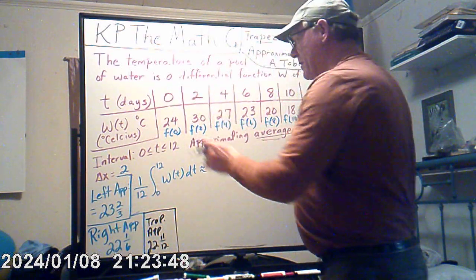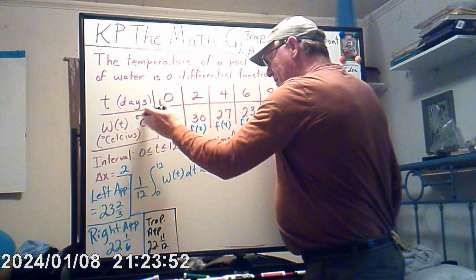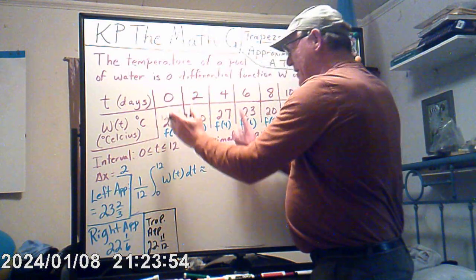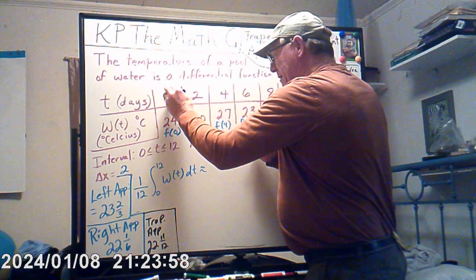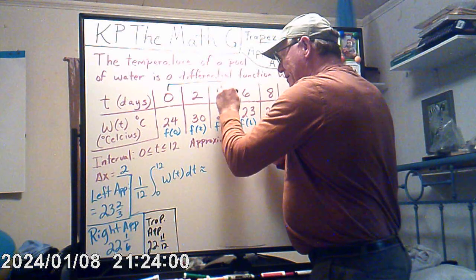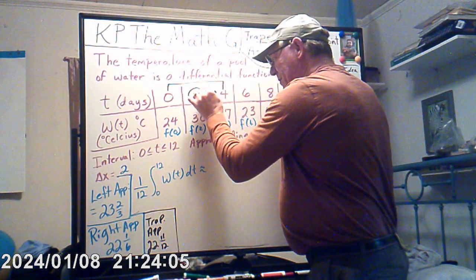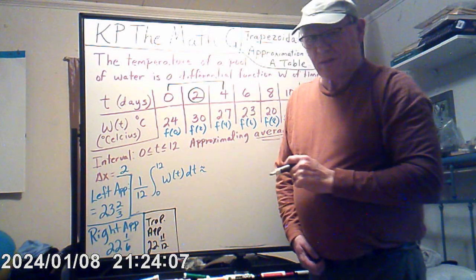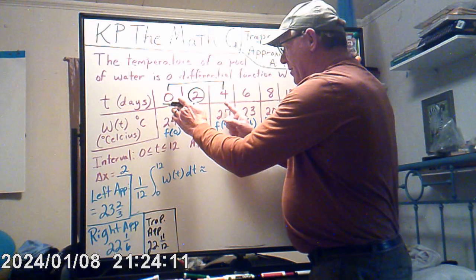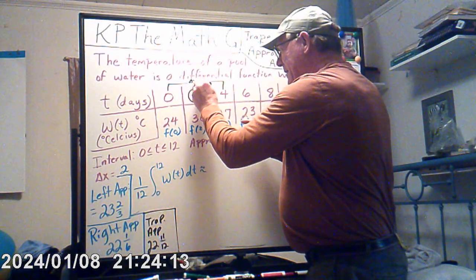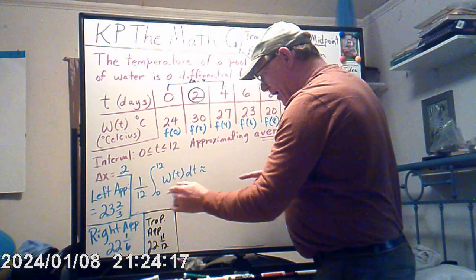It's going to be double. What you want to do is start on the left side. You want something between, say in this case, 0 and 4, which is what we're picking, 2. That's the midpoint between 0 and 4. Delta x is no longer 2. Delta x is equal to 4, not 2. 1/12 is still there.